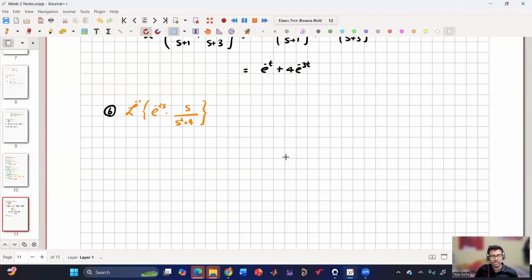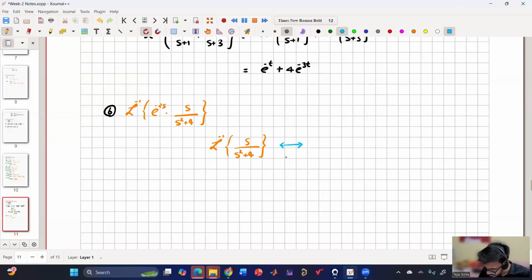S by s square plus 4 is a known expression. So what is its Laplace inverse? Sine of 2t or cos? Cos of 2t, right?